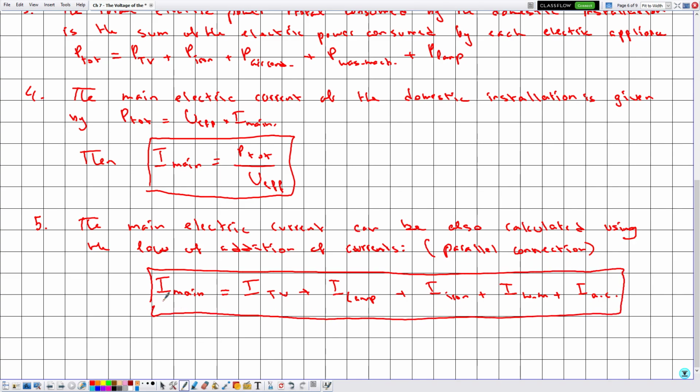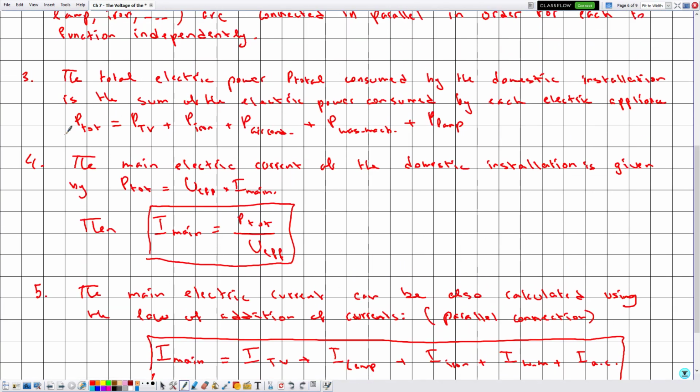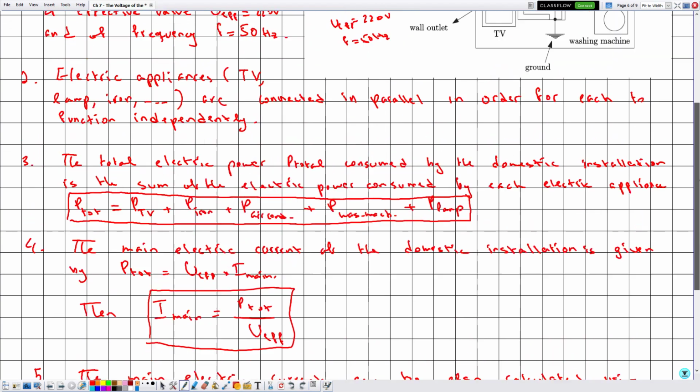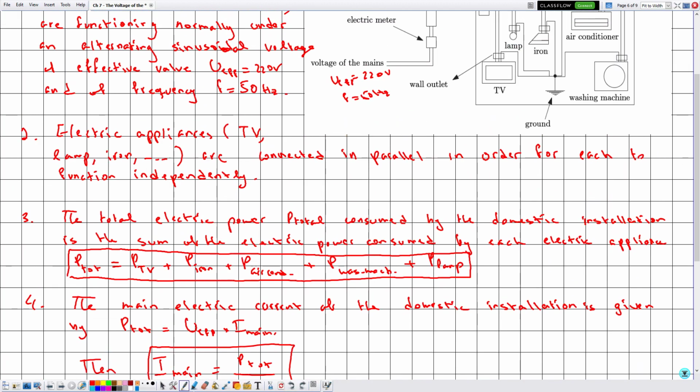And here let me underline or highlight. So this is another formula. And let me highlight this important statement that one should memorize. Whenever they ask us why they are connected in parallel, our answer should not be in order to have the same voltage, but rather in order to function independently.